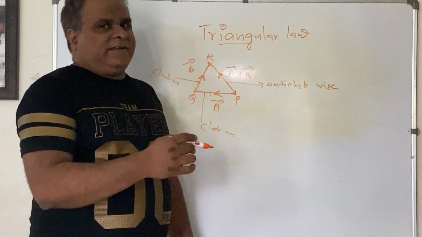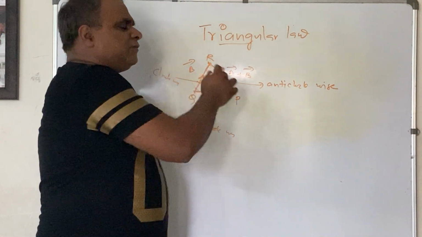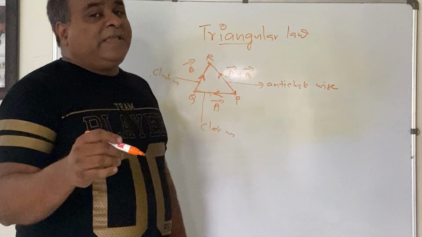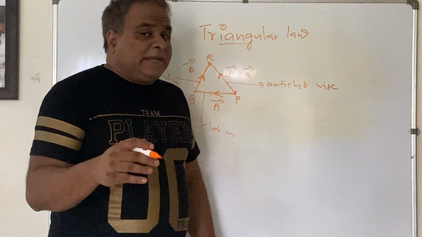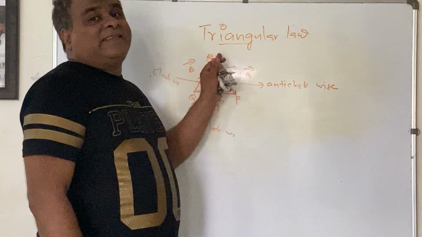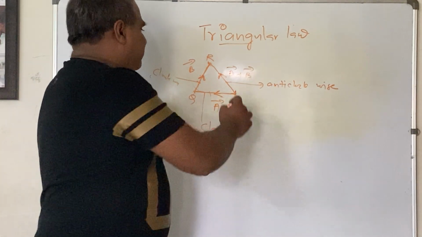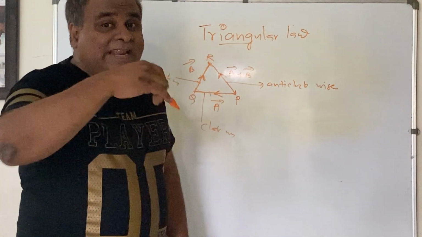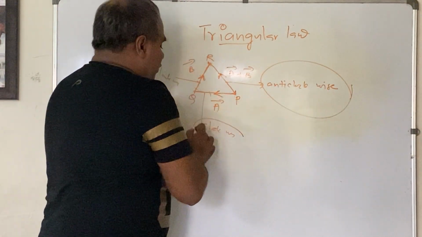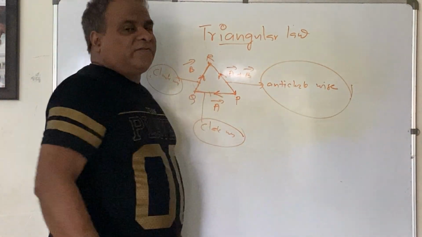They are in order, I told you, both of them are in the clockwise direction. Then the sum is represented in magnitude and direction by the third side of the triangle, that is PR, taken in the reverse order, in the anti-clockwise direction.